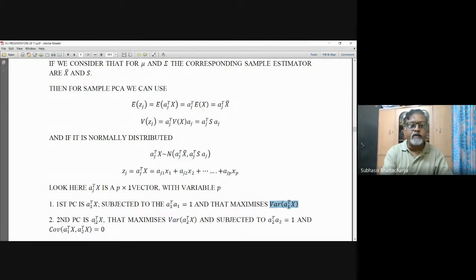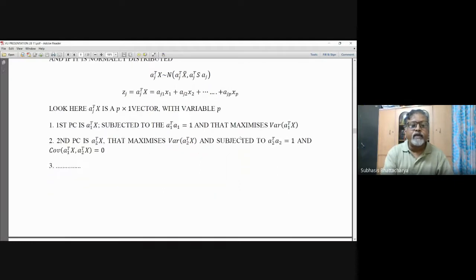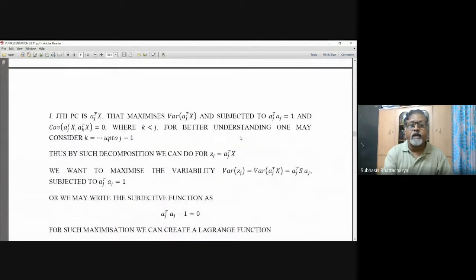The second principal component is A2 transpose X, and it maximizes the second variance, subject to these restrictions. And there is another restriction: the covariance between A1 transpose X and A2 transpose X is 0. So by this way we are going.